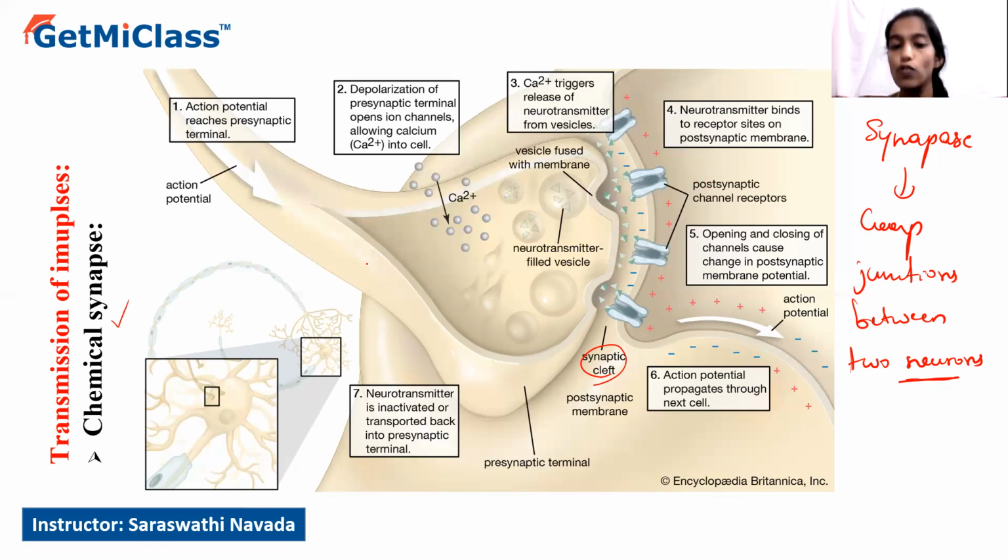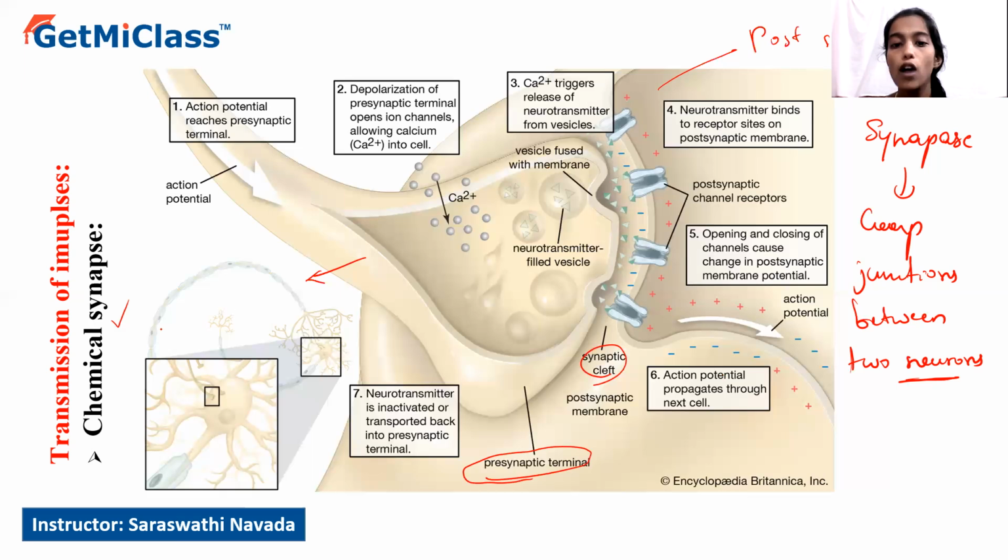One is called the presynaptic neuron, which is going to send the signal, and another one is the postsynaptic neuron. The neuron present next to the synaptic cleft is called the postsynaptic neuron, and the neuron present prior to the synaptic cleft is called the presynaptic neuron. The presynaptic neuron will have a presynaptic membrane, and the postsynaptic neuron will have a postsynaptic membrane.